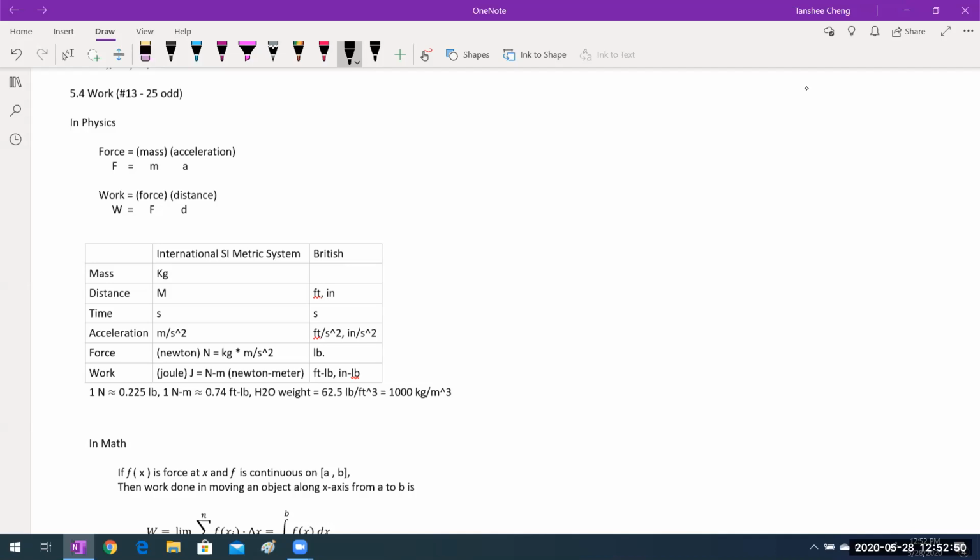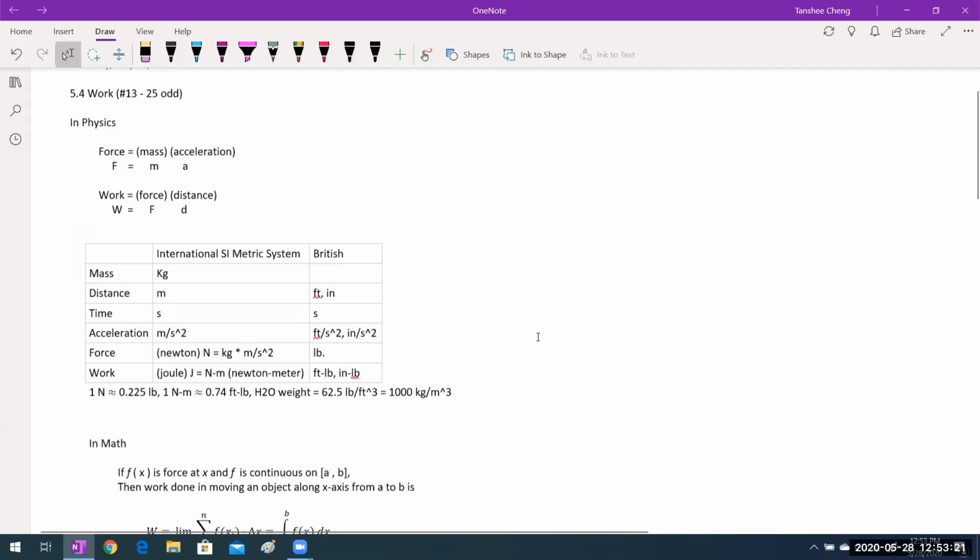So in terms of units for this session, we need to know 2 different unit systems. One is the international SI metric system, and the other one is the British unit system. For mass, we use the kilogram, and distance will be the meter. I should put this m as a small one, that's the notation for the meter.